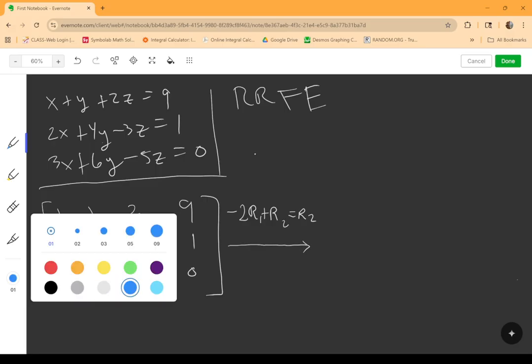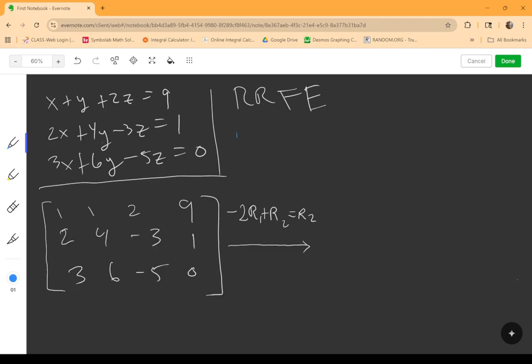So when I say 2R1, it's going to be 2 times 1, 1, 2, 9, and that is 2, 2, 4, 18. And then add it to 2, 4, -3, 1. That's just my side work here.